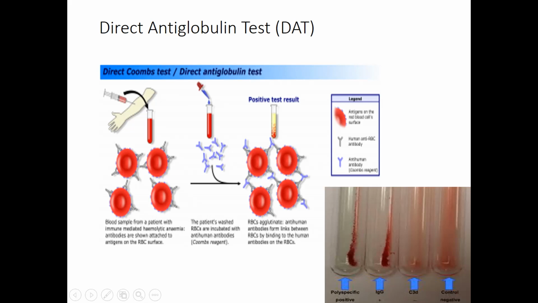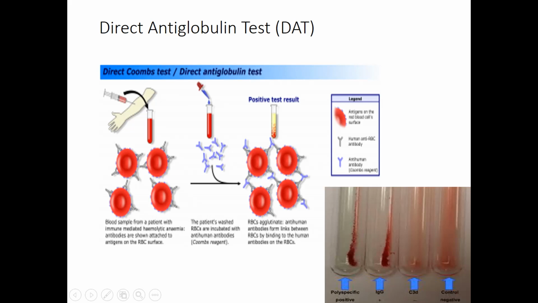So at that point, we know the patient is sensitized with IgG or IgM or both. But we don't know what it is. We don't know if complement has been fixed or not. So we run the anti-IgG, and we got a positive reaction. Again, we got agglutination. So we know the patient's red blood cells, in this case, have been sensitized with IgG.